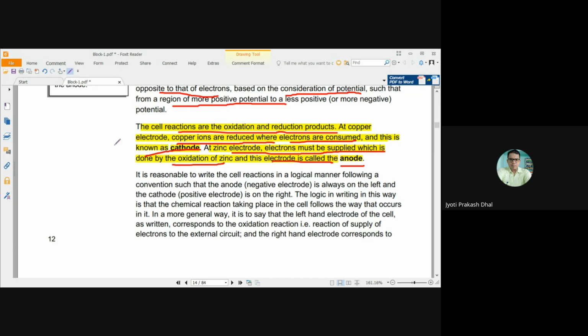And similarly the right hand side electrode, that is the copper electrode, where the copper ions from the copper sulfate solution are reduced by consuming two electrons and converted into Cu0, is called the cathode.